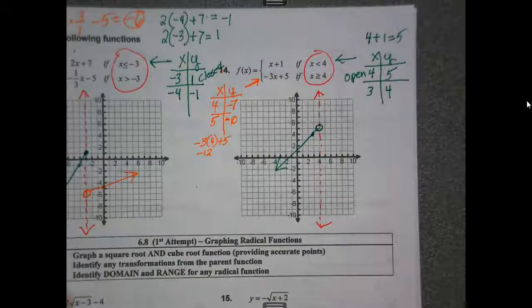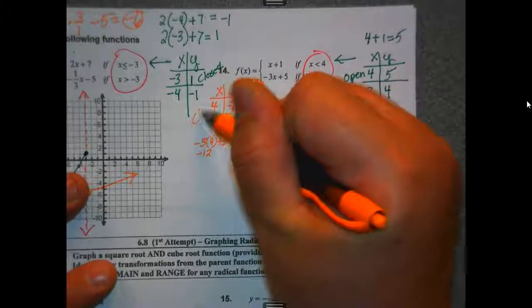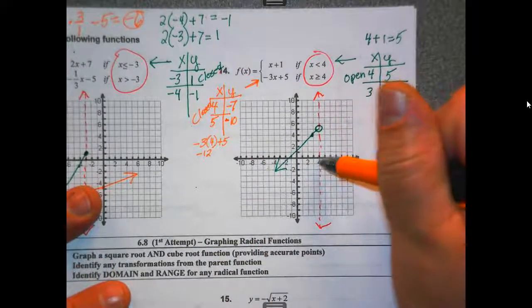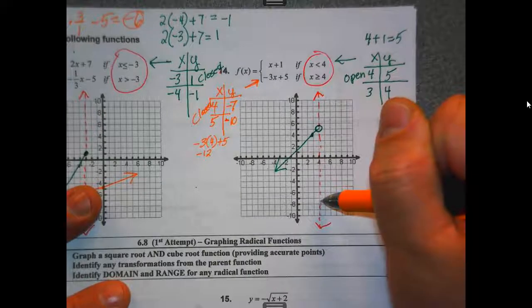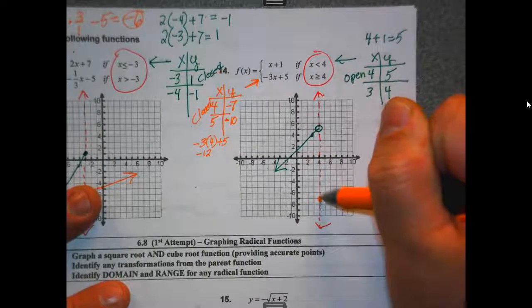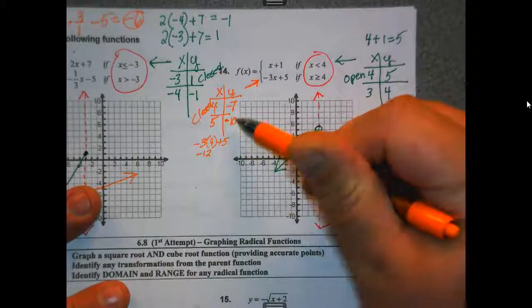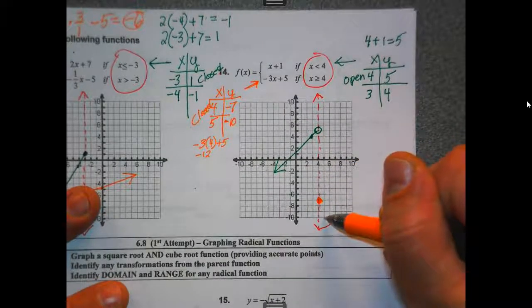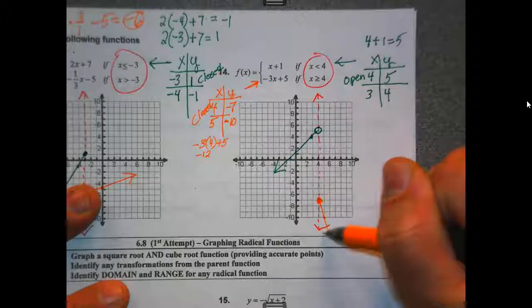So let's grab, open or closed. So 4, negative 7, closed. Then I have 5, negative 10. And there's my graph.